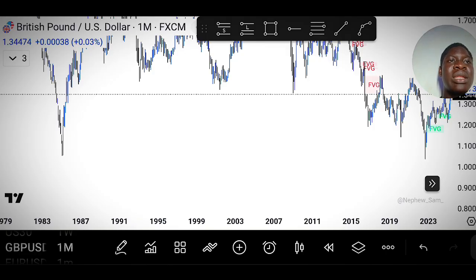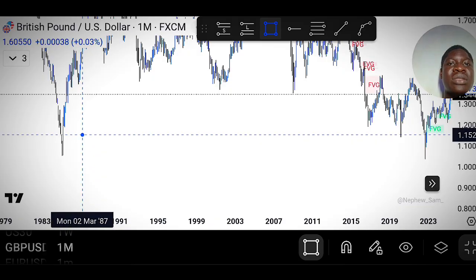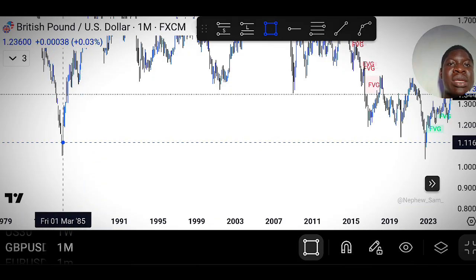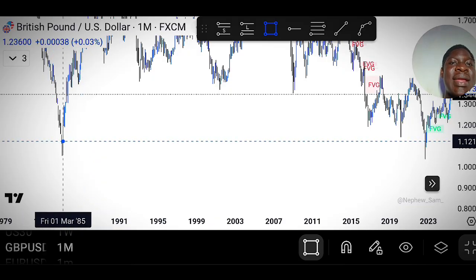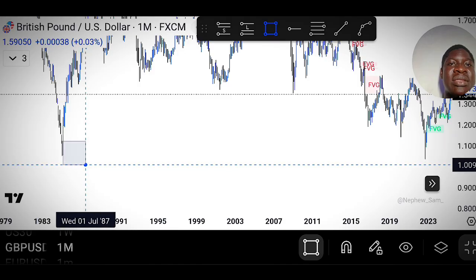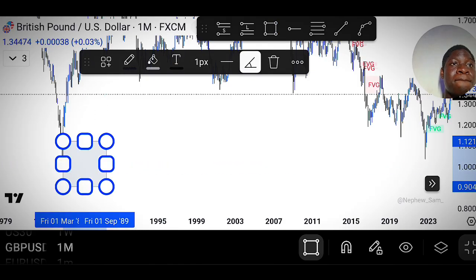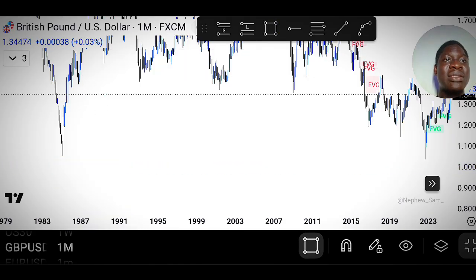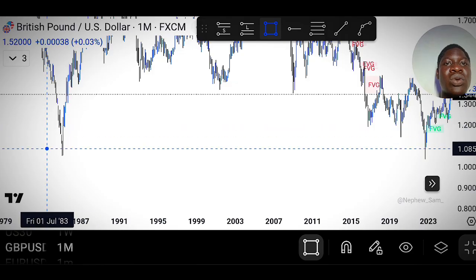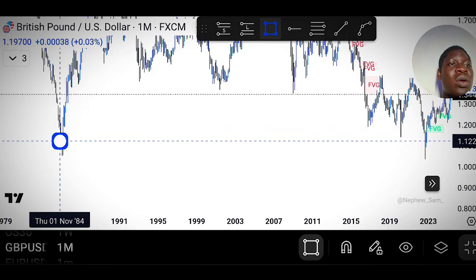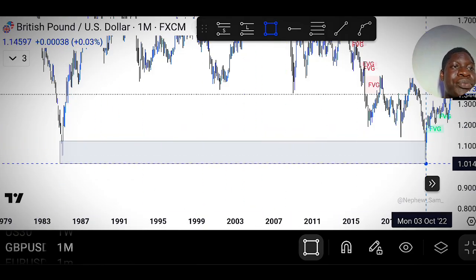Now, the first thing to check here is where the market reacted to. The market reacted to this block, and there's one other block at this area.